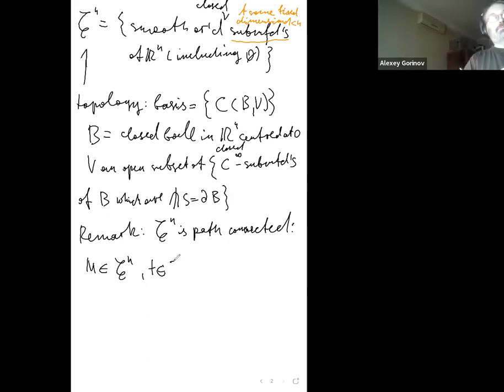Why? Well, suppose I have an element of Cn, a submanifold of Rn, which is closed. And suppose I also have the T from 1 to infinity.